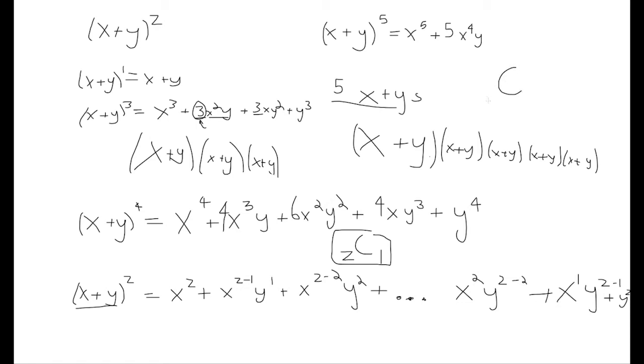If we were to write a C and then, let's say, a 4 and then a 3, if you remember from last video, that means that we have a combination scenario where we have 4 different things, 4 different elements, right?